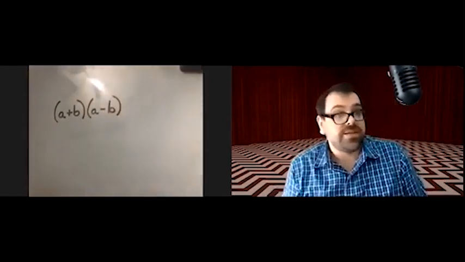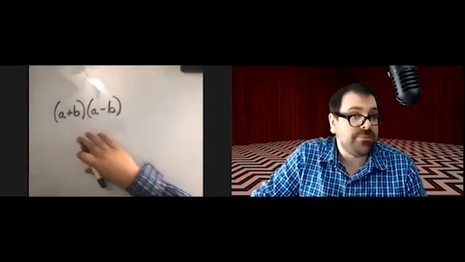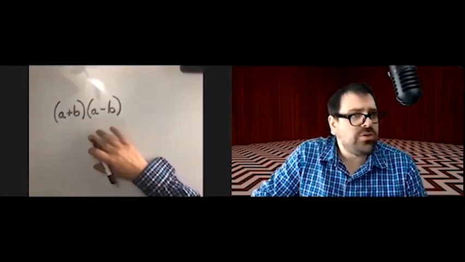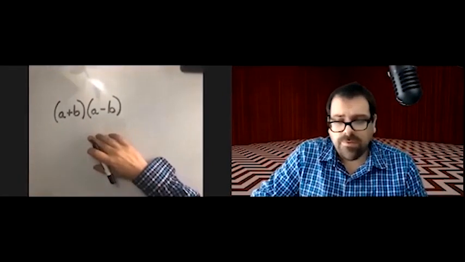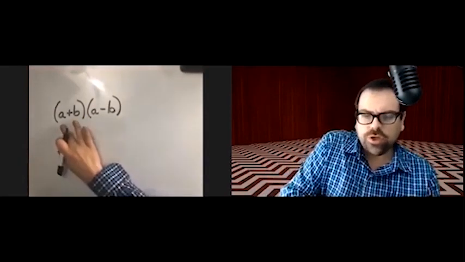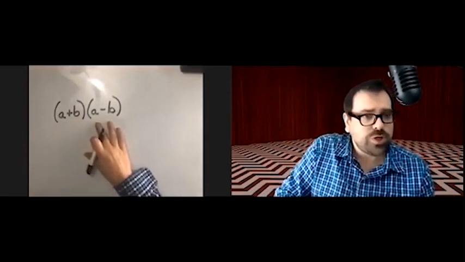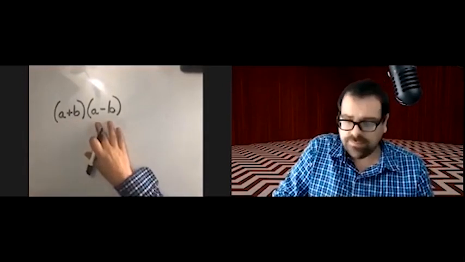Let's say we have something in this form, a plus b times a minus b. What we're really looking at here is two terms added and those same two terms subtracted.